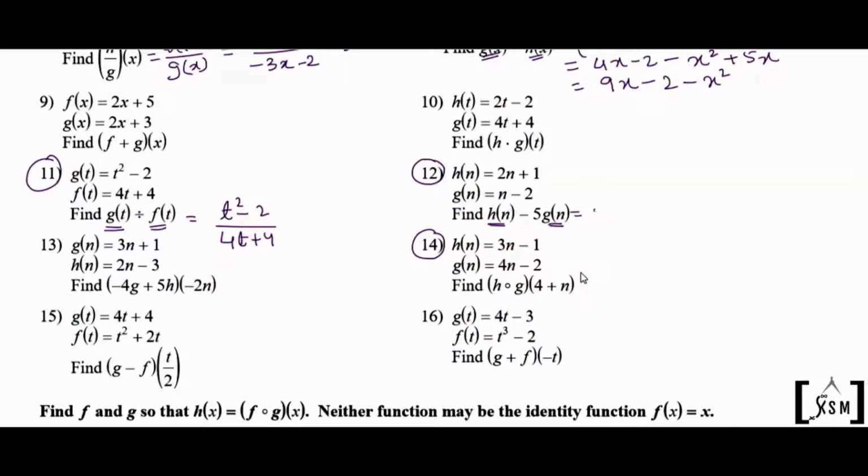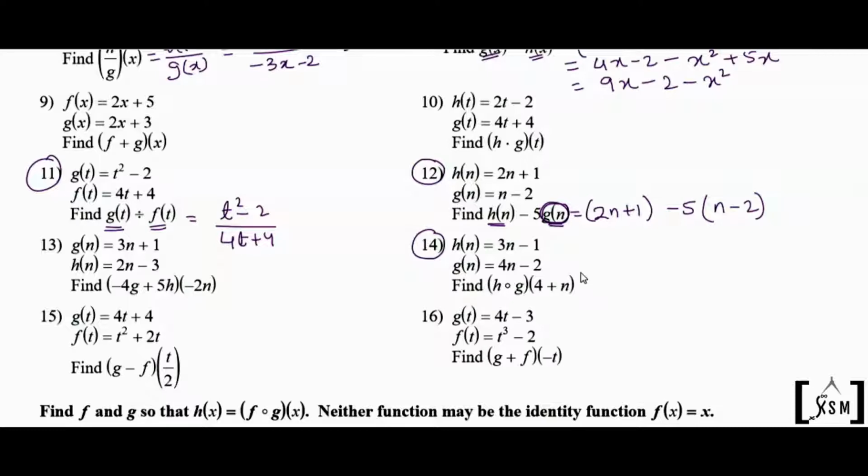For h(n) I am writing 2n plus 1, that is given to us, minus 5 times g(n). So g(n) is in multiplication with 5, so I will put a bracket and write the g(n) value, which is n minus 2. We'll try to simplify it.